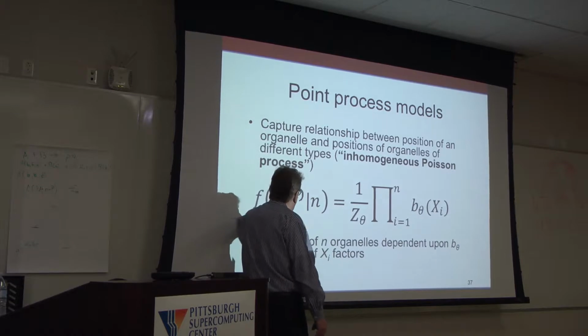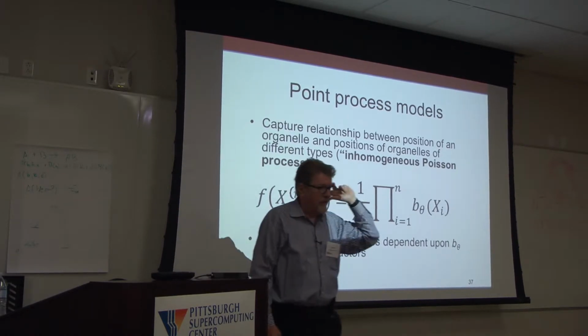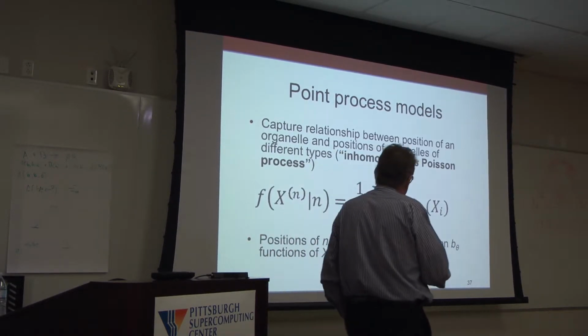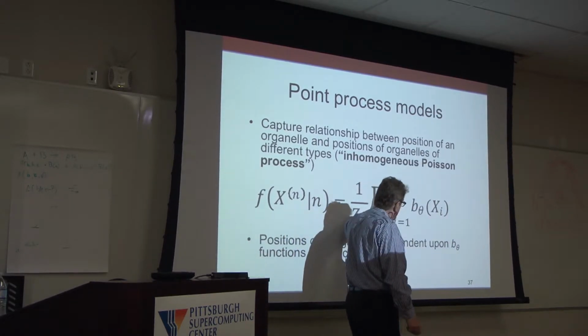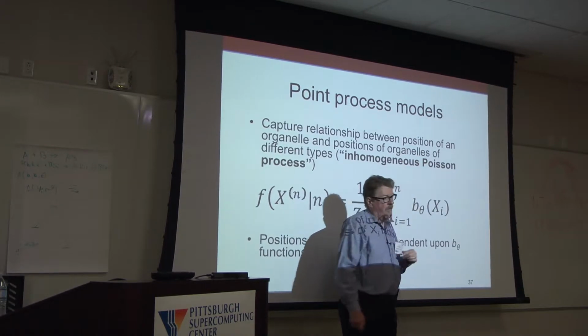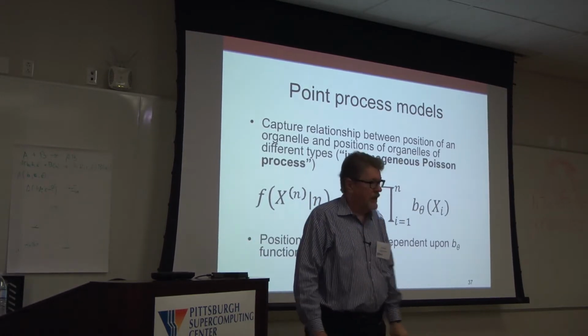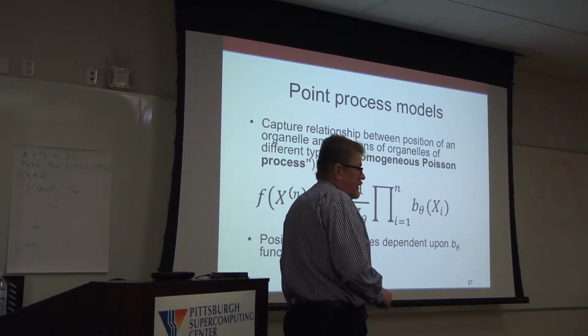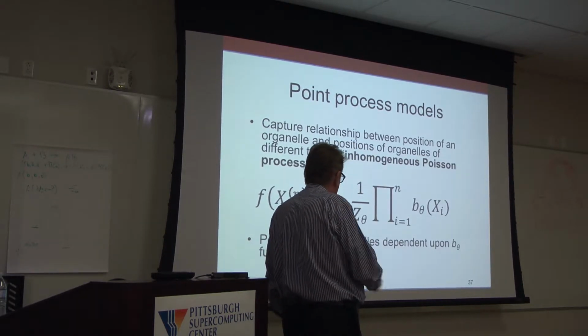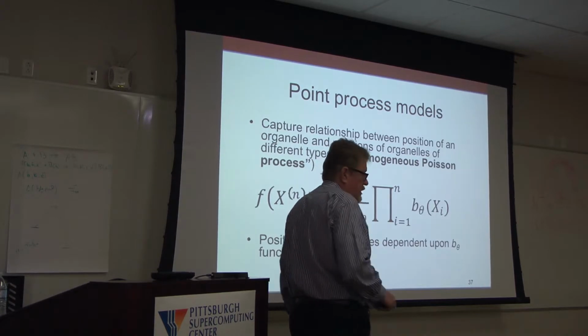So this overall probability of n objects is given by the product of the probability of each of them occurring at that particular position. Okay? So that's the fundamental structure that we're going to do. And then there's some normalization constant here.